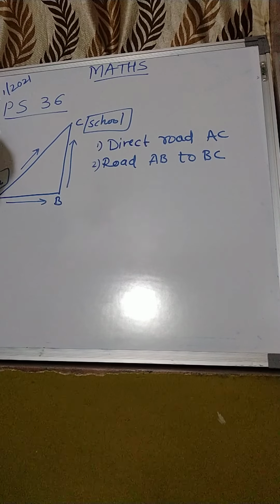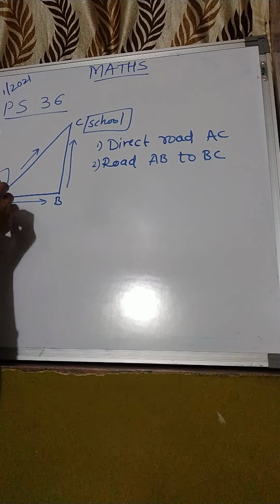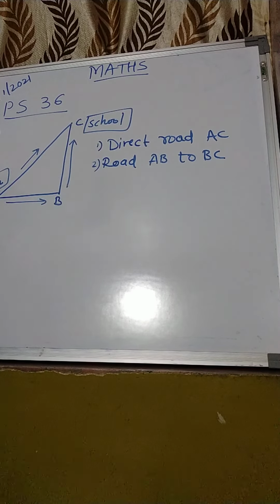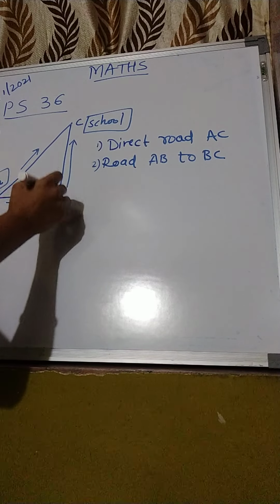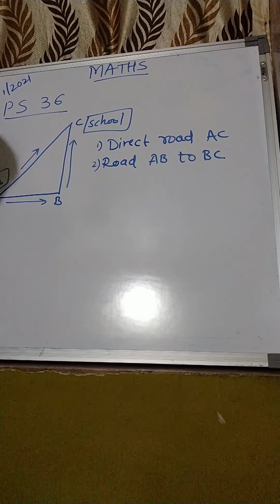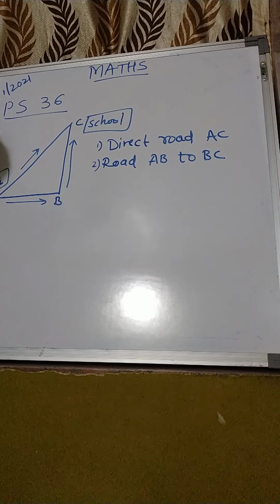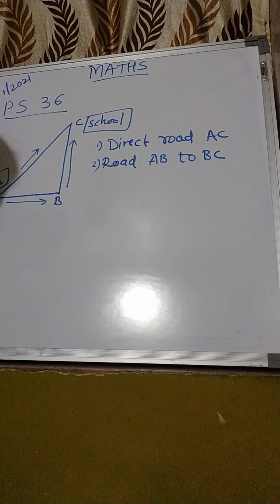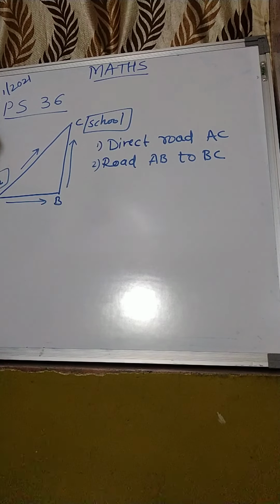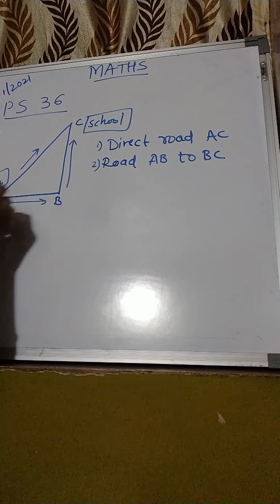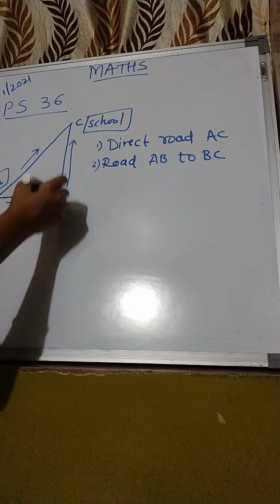By the property of triangle, the sum of the lengths of two sides is greater than the length of the third side.